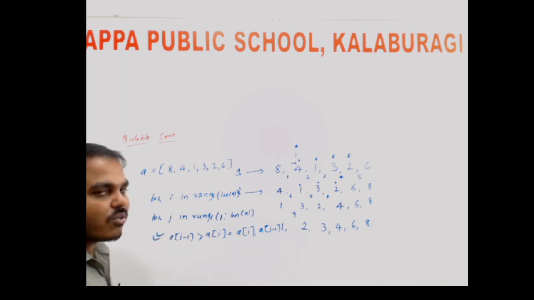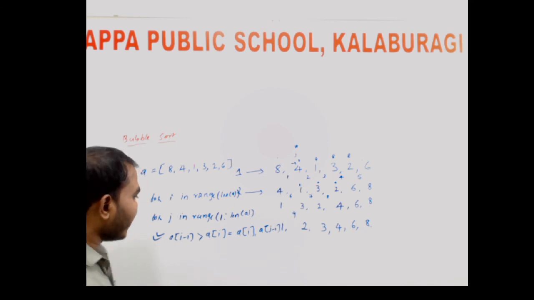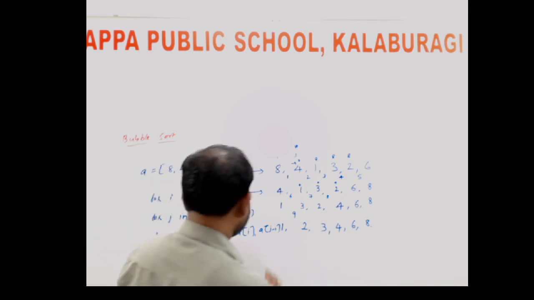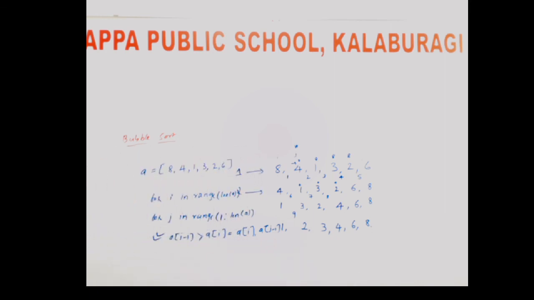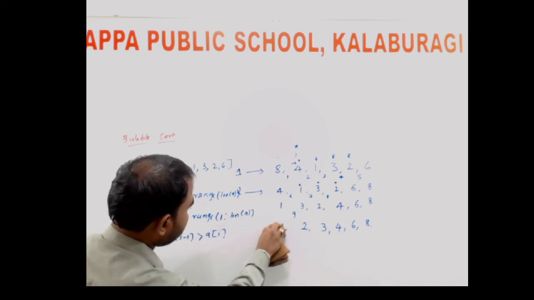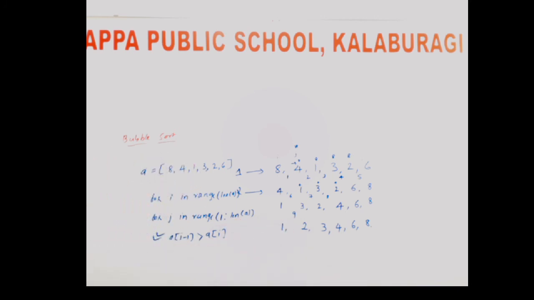The entire values are swapped in a single line, right? So I have written it in one line. If A of j minus 1 is greater than A of j, then I have to replace.